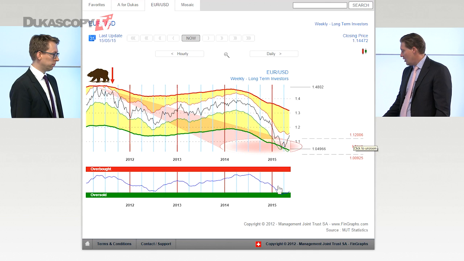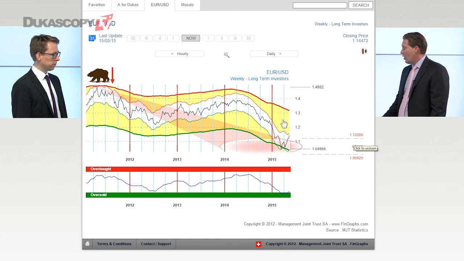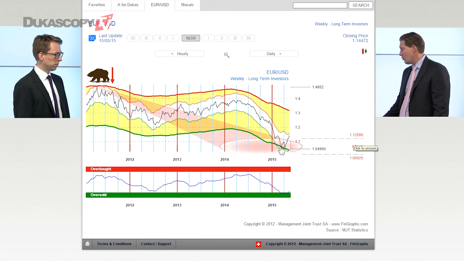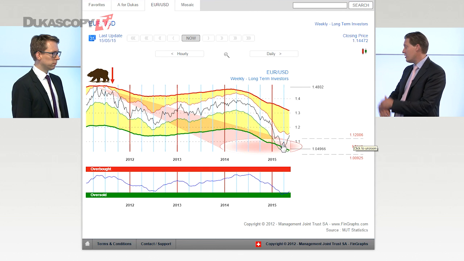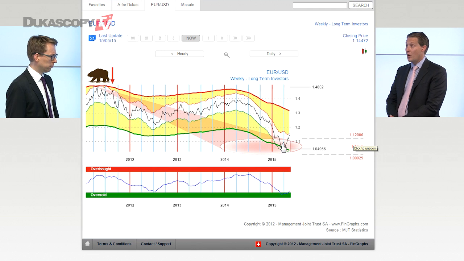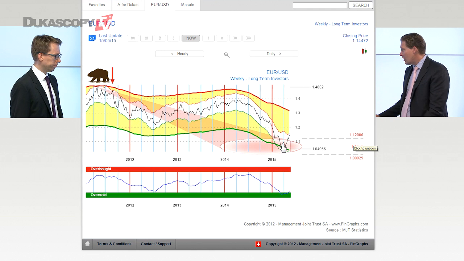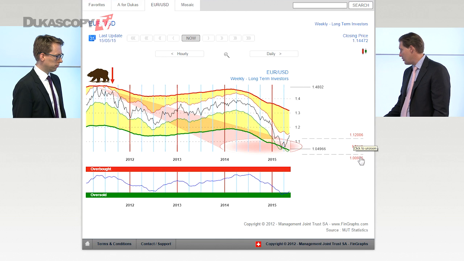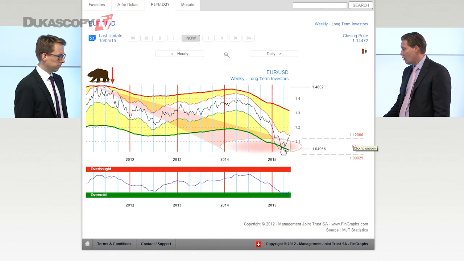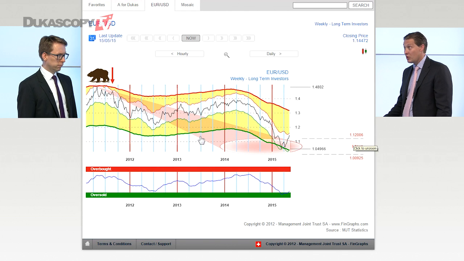You can see here the risk index was oversold, and both our envelopes touch each other. Usually on FinGraphs, when the envelopes are still heading quite aggressively down as they are here, the probability is that the reaction that follows or is initiated is usually a temporary reaction. So looking at this chart, it's still in the bear, it still has targets with a bit of potential. We would consider the current move as being an intermediate correction.